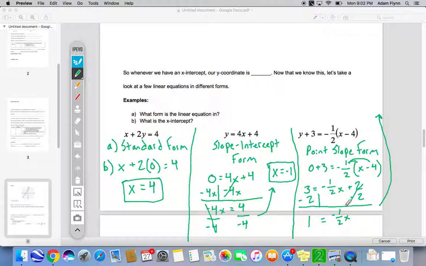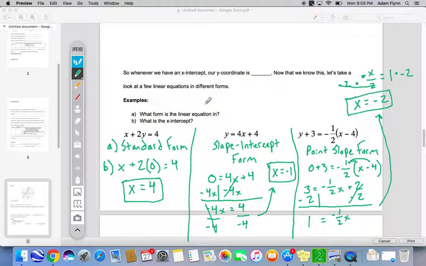So I can multiply my numerators, so I have negative 1 times x. So I'll just rewrite that as negative x over 2, and then, of course, equals 1. So to get the x by itself, I need to multiply by negative 2 on both sides. So these cancel, gets rid of my negative sign as well. So I'm left with x equals 1 times negative 2, which is negative 2. So my x-intercept for this point slope form equation would be x equals -2.